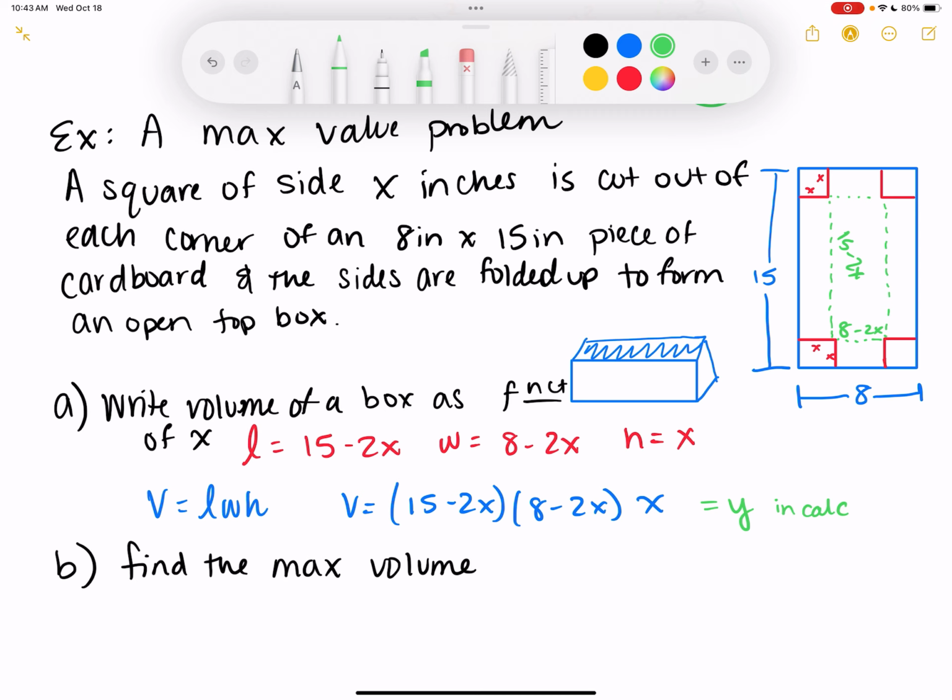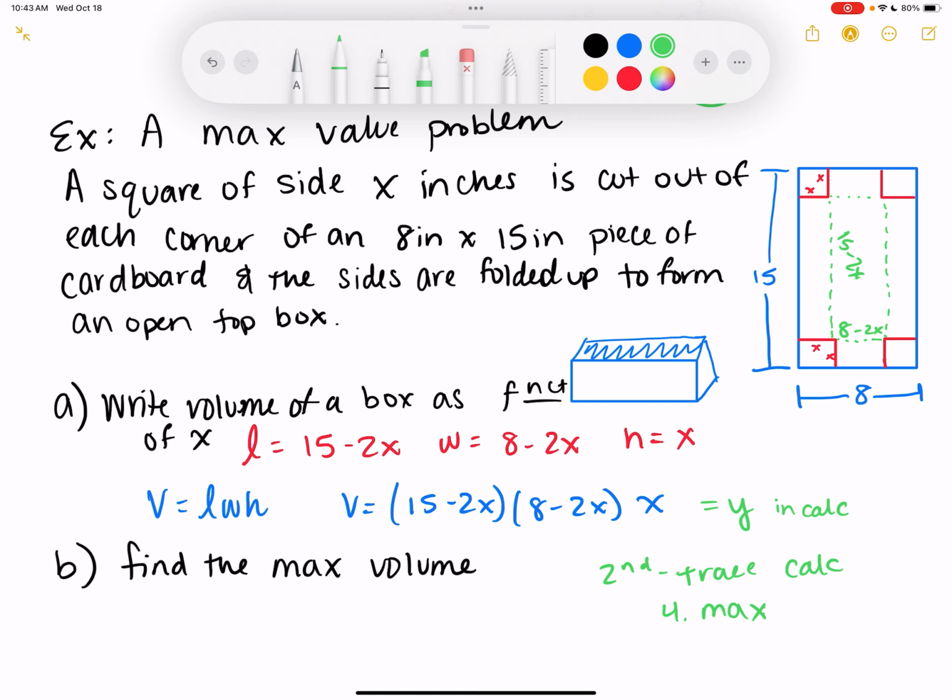So I'm trying to find the max volume. So we're going to hit second trace. I'm going to write this down so that Riley can see it. Second trace, calc, and it's going to be number 4, which is maximum.